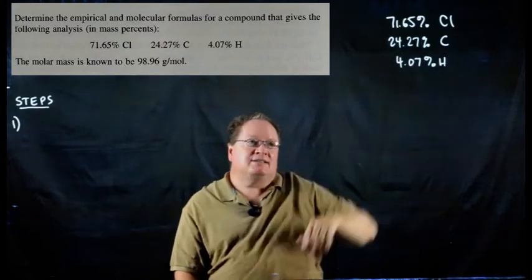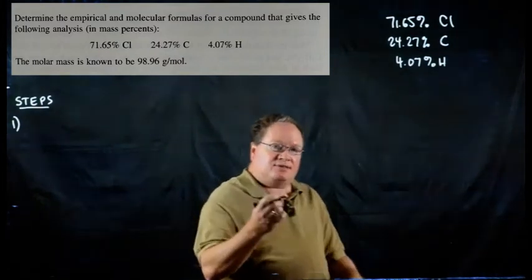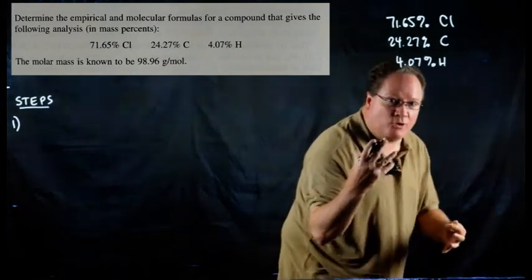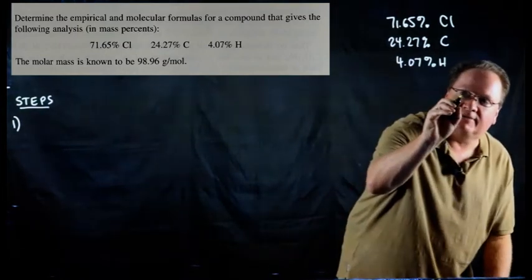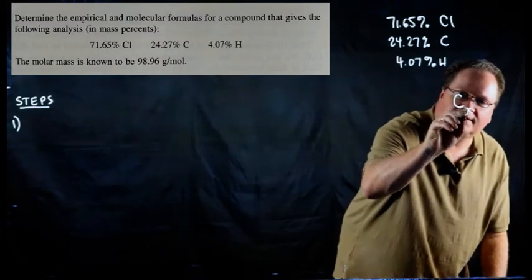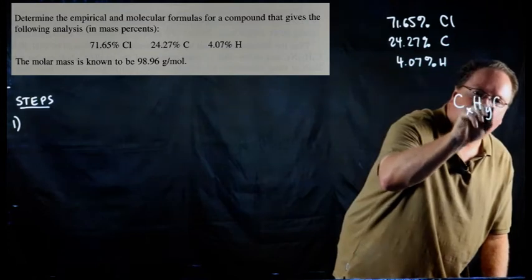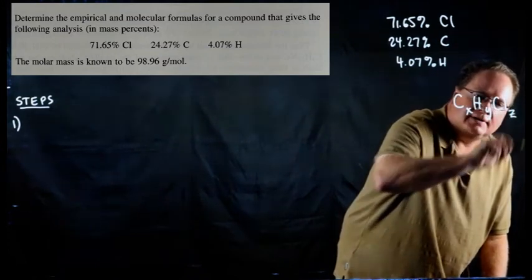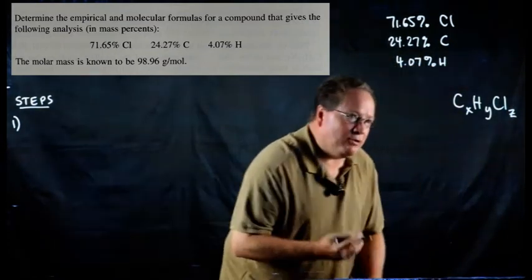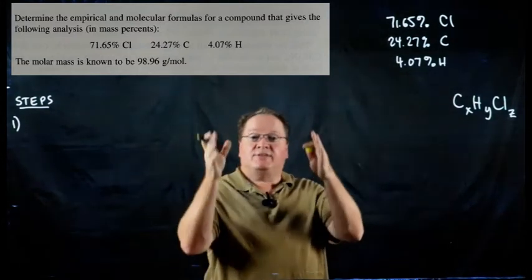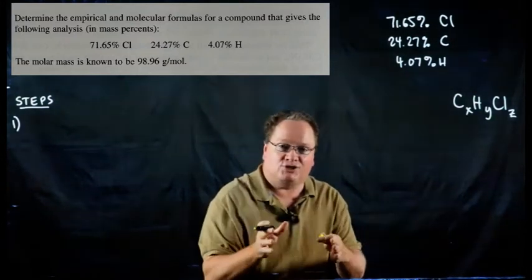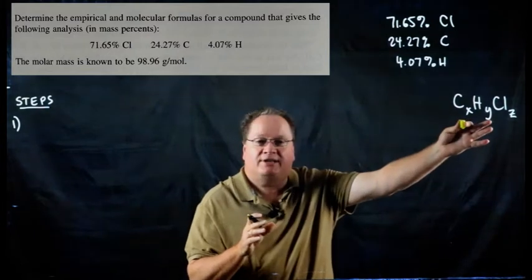The problem is that when I write this compound's formula, it's going to look something like this, where X, Y, and Z are going to be the simplest whole number ratio between those three different elements.